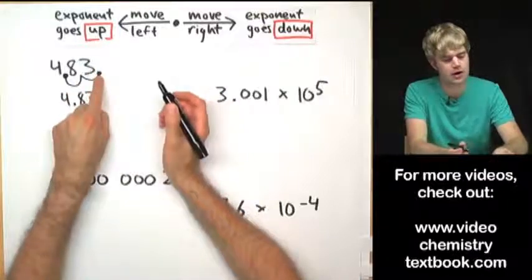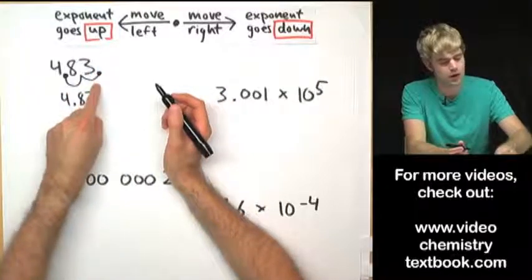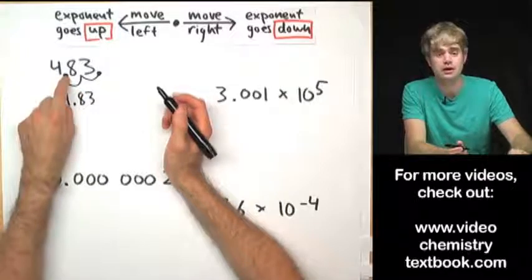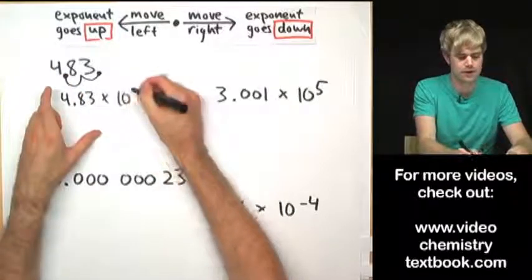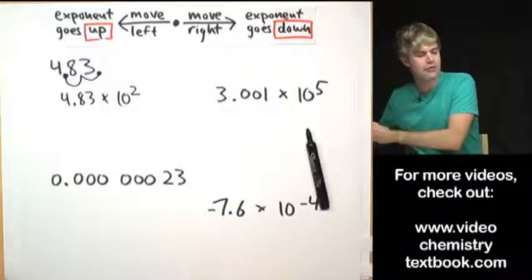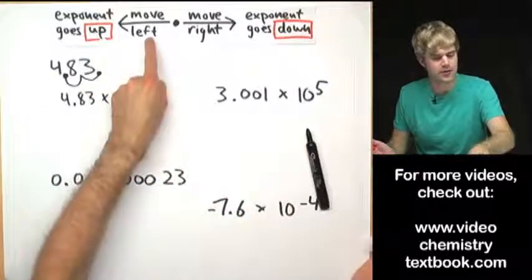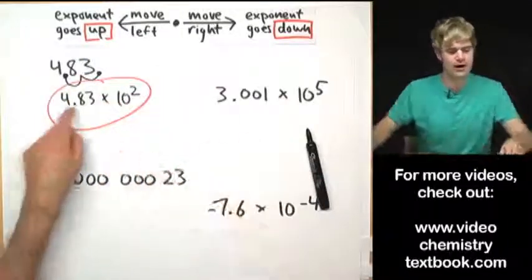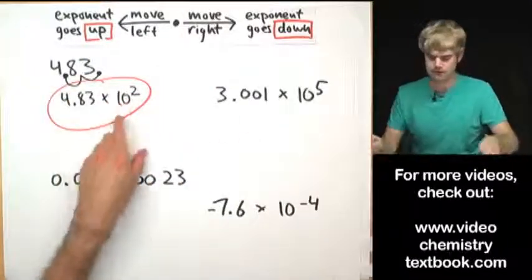Okay, so I started at 10 to the 0 here. Move it one spot, now it's 10 to the first. Move it another spot, now it's 10 to the second. So the exponent part of my number is going to be 10 to the second because I moved this decimal place 2 spots to the left and the exponent went up. So 4.83 times 10 to the second.